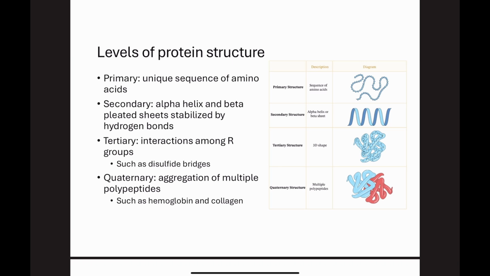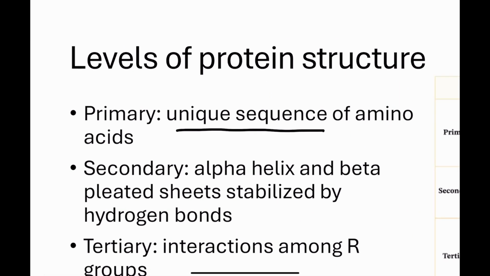The primary structure of a protein is the unique sequence of amino acids found within a polypeptide chain. This sequence is determined by genetic information, and it dictates how the protein is going to fold.